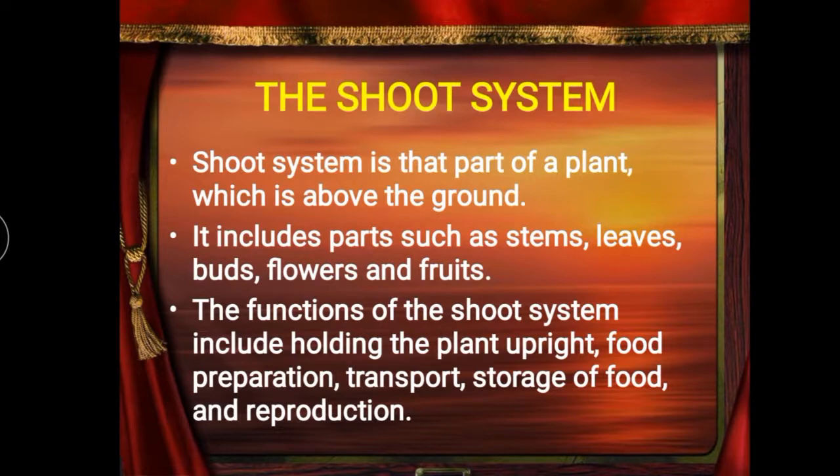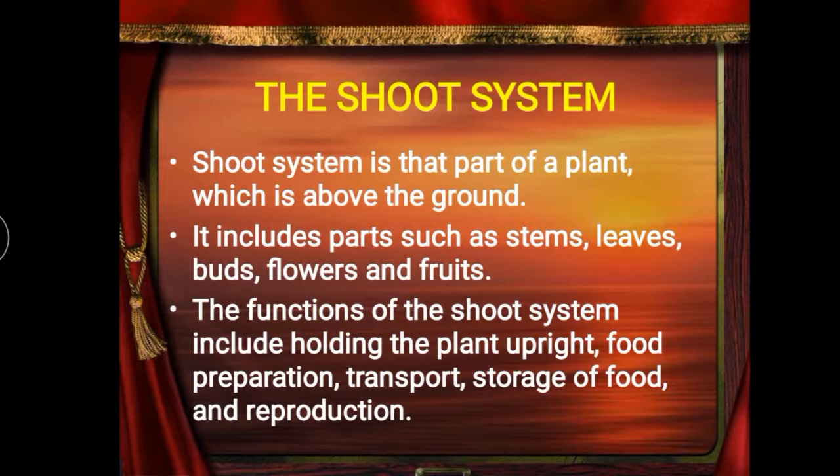So what parts are in the shoot system? Leaves, stem, fruits, flowers, buds that we see every day, right? Which parts are visible to our eyes? The stem, the leaves, flowers. That we call the shoot system. Do you understand? So what do you mean by shoot system? The part of the plant above the ground level.